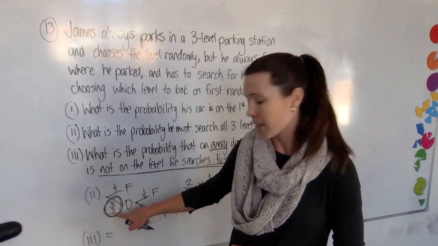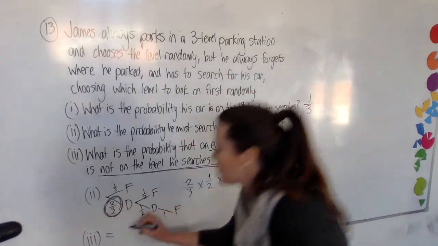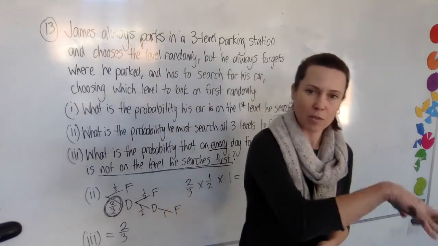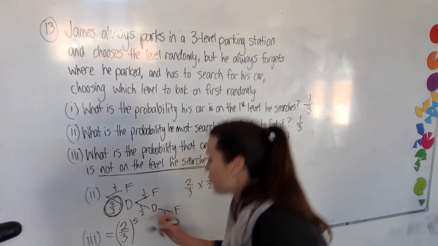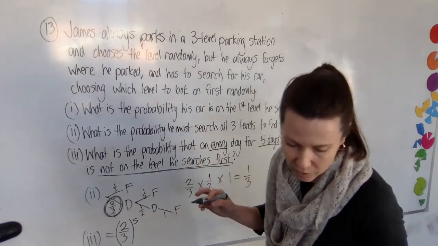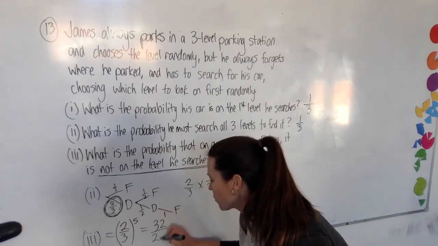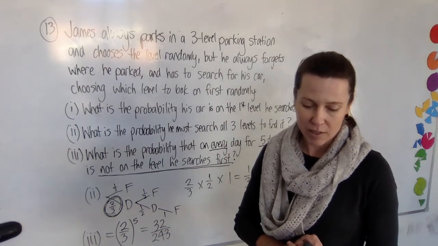The chance is each time of the 5 days exactly the same. So he needs to do 2/3 times 2/3 times 2/3 times 2/3 times 2/3. And that's 2/3 to the power of 5, which when you put in your calculator, you will get 32 out of 243. That's the chance that that happens to him in that week.